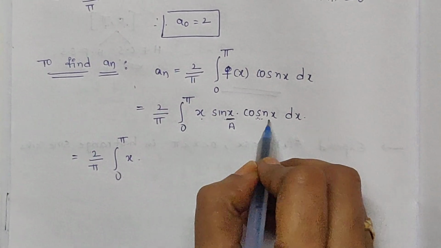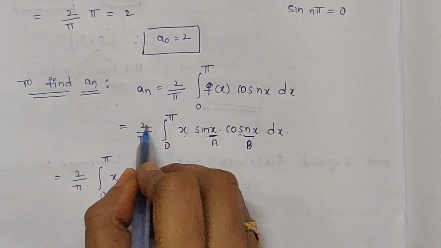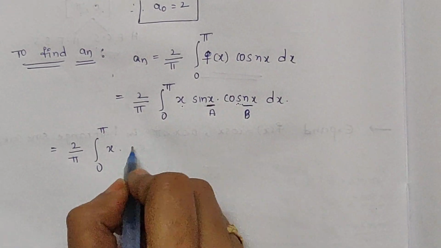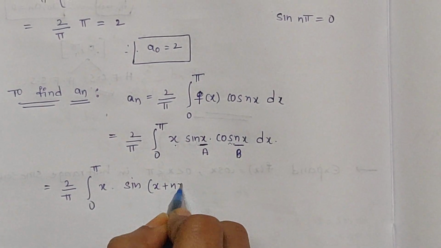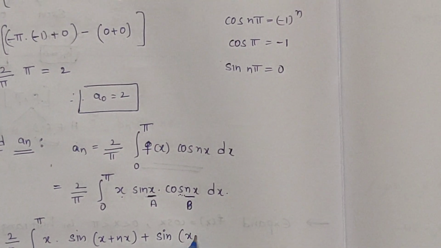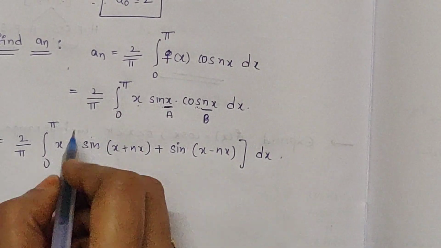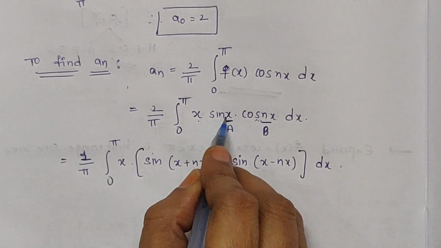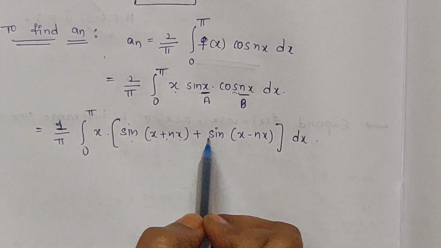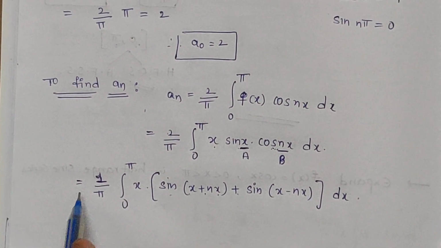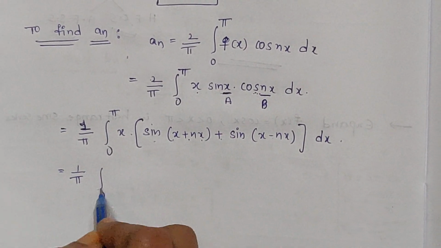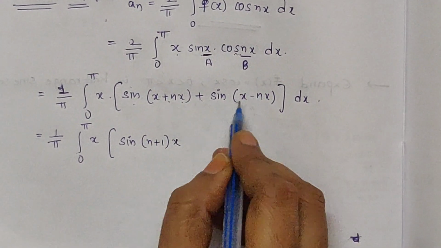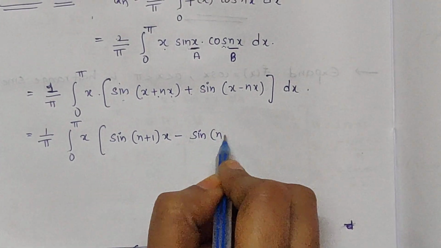So take this as sin A cos B together. 2 sin A cos B means sin of A plus B plus sin of A minus B. Already we used this 2 in this formula, that's why you will get 1 here. 2 sin A cos B equals sin of A plus B plus sin of A minus B. Now 1 by pi integral 0 to pi x into, for our convenience, write this as sin of n plus 1 of x and here minus sin of n minus 1 of x.